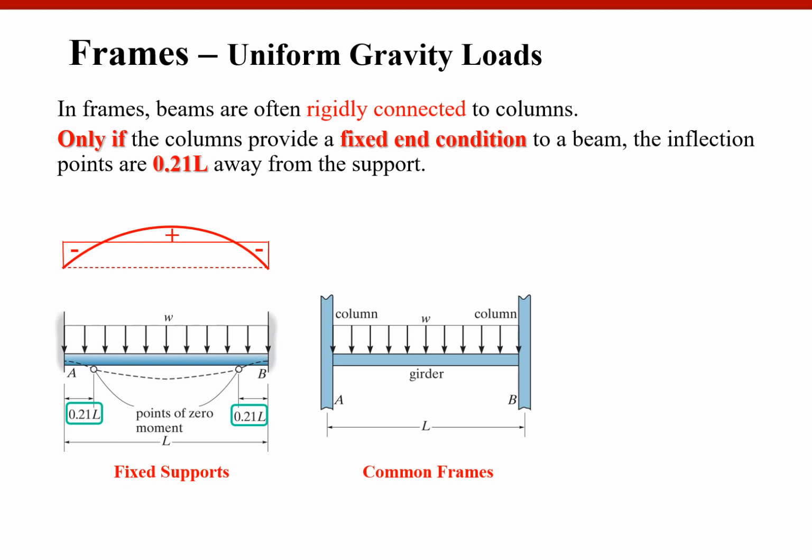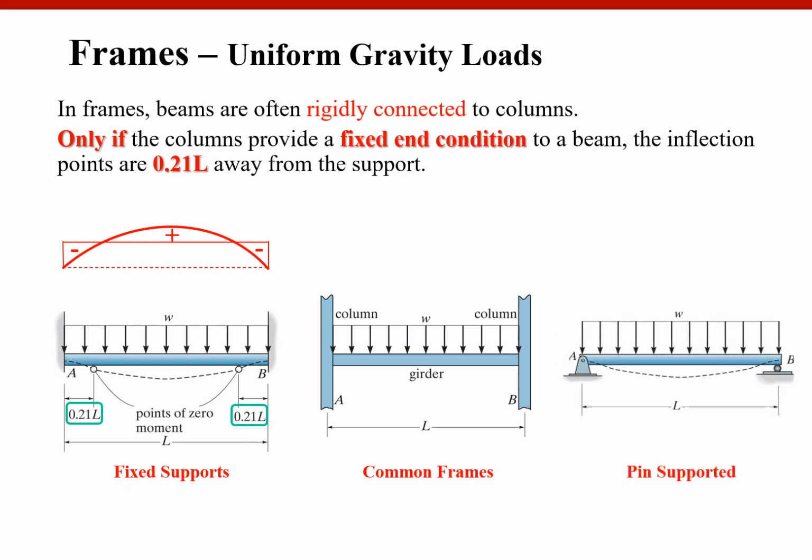And the inflection point from the face of the column is 0.21 L if it's totally fixed. But in reality, the connection used between column and beam is rigid, again, not fixed.